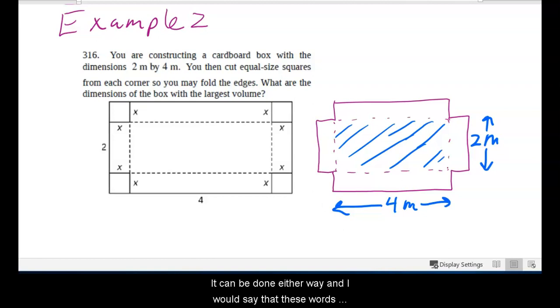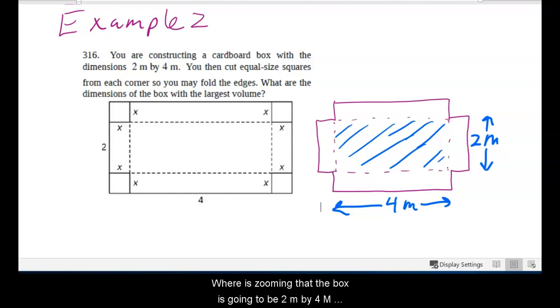It can be done either way, and I would say that these words are somewhat ambiguous, and it's difficult to tell from the words what is meant. We'll take a look at doing the problem both ways so that you can see how the answers will differ based on your interpretation. This is why the drawing and the labels on the drawing are so important.